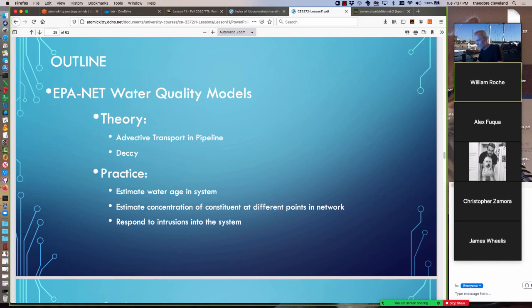So the constituents in an EPANET quality model, they move, and as time elapses, they can decay according to a couple of kinetic models. And in practice, these are used to estimate the age of water in the system, the concentration of a constituent at different locations in the network at different times, and potentially to respond to intrusions into the system.